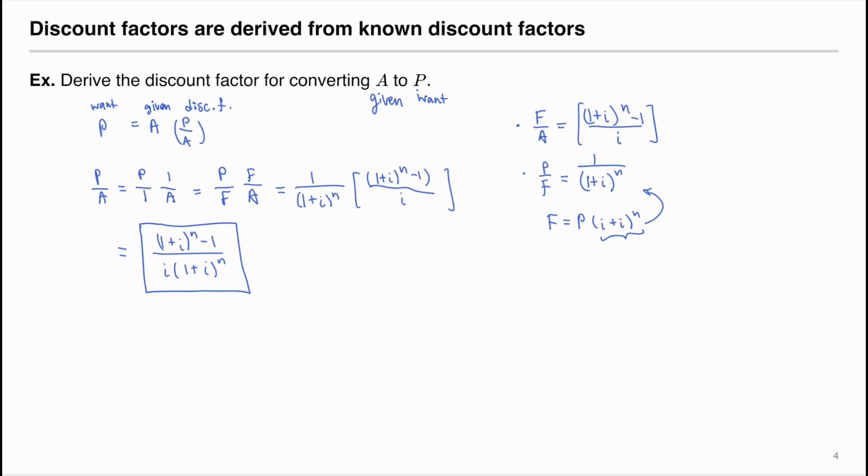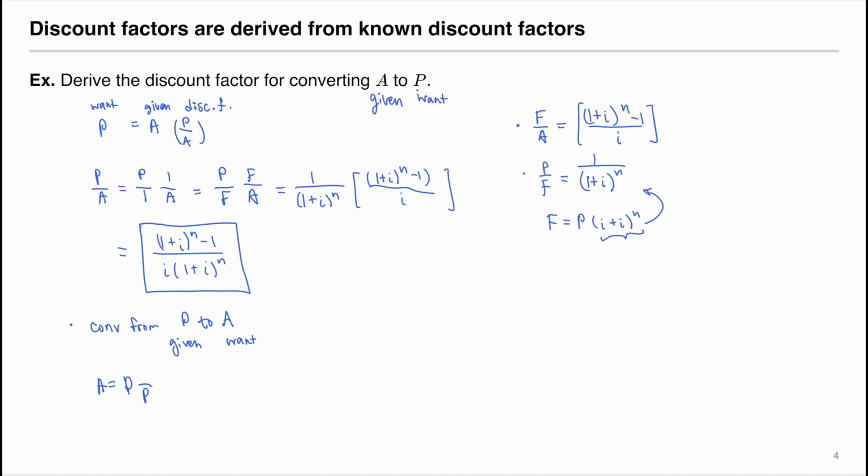And similarly, we can derive other types of discount factors. For example, if we want to convert from P to A, then we are given P, and then we want A. A equals P times a discount factor, which needs to cancel out.